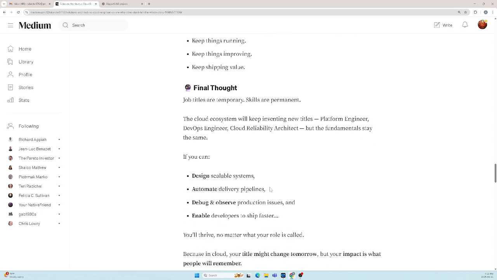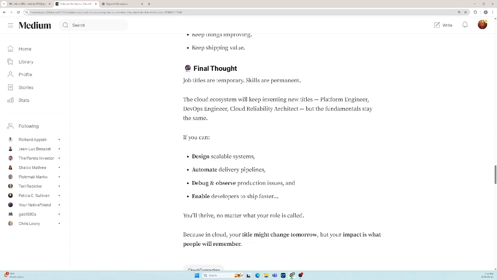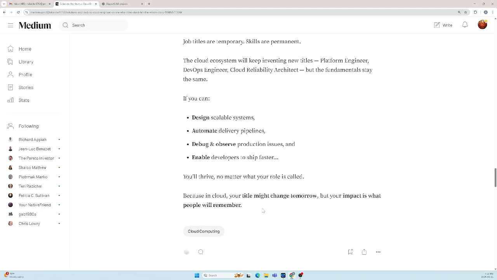If you can design scalable systems, automate the delivery pipeline, debug and observe production incidents, and enable developers to ship faster, you will be valuable no matter what you call it. Your title might change tomorrow, but your impact is what people will remember. Whatever your title, what matters is your skills and your contribution to the organization.